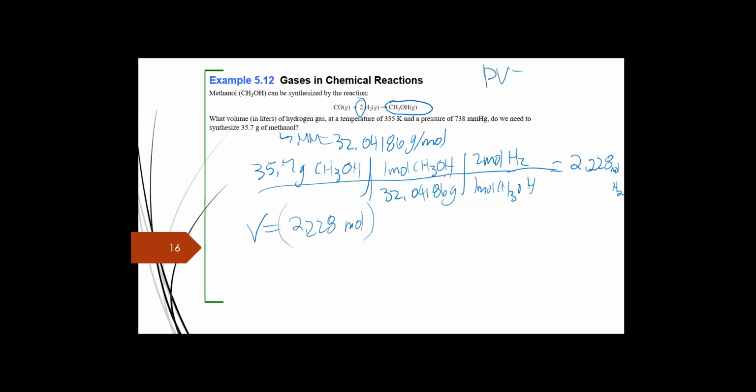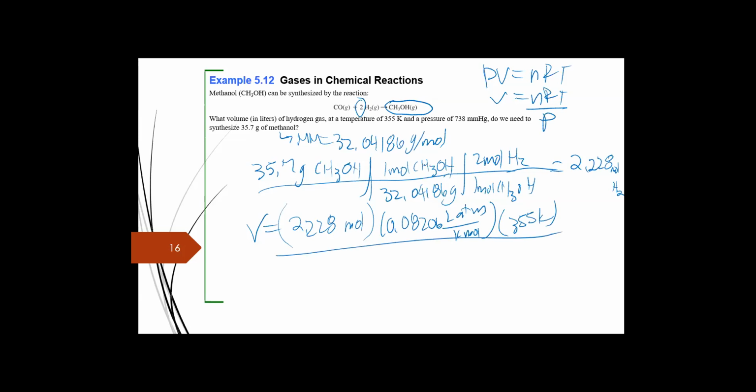So PV equals nRT. My volume is nRT over P. My R is 0.08206 liters atmosphere per K mole. My temperature is 355 Kelvin. And then my pressure is 738 millimeters of mercury.